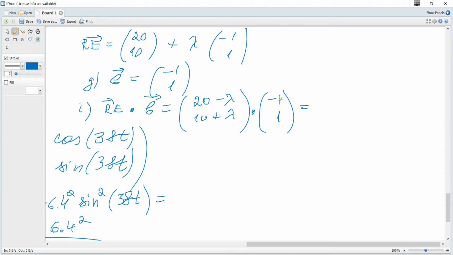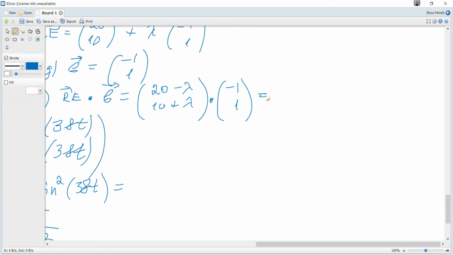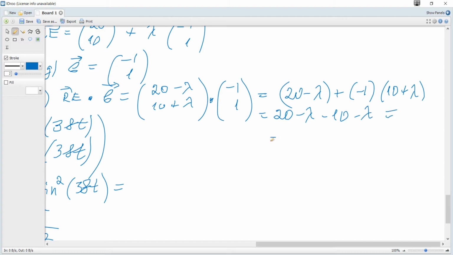It's x coordinate multiplied by x coordinate plus y coordinate multiplied by y coordinate, and it becomes 20 minus lambda plus -1 multiplied by 10 plus lambda, which is 20 minus lambda minus 10 minus lambda, and it becomes 10 minus 2 lambda. So it's RE dot product B in terms of lambda, 2 marks.